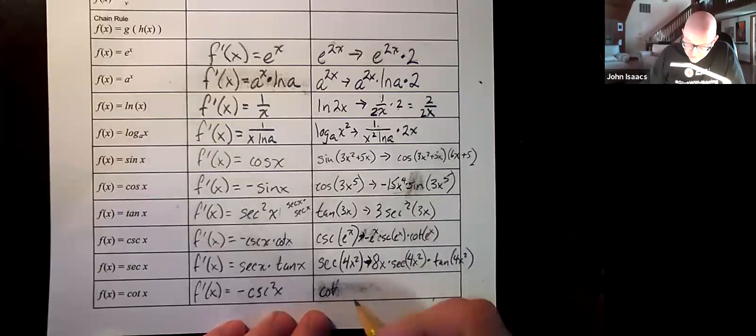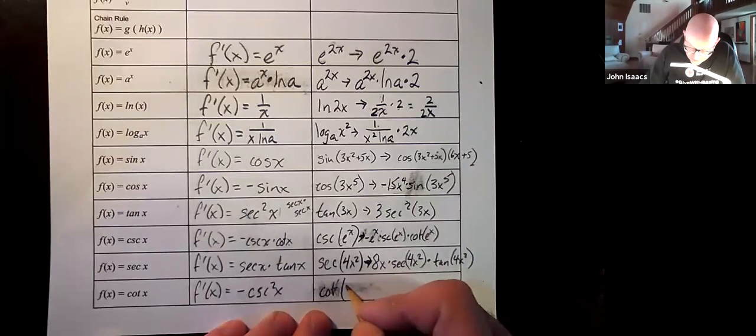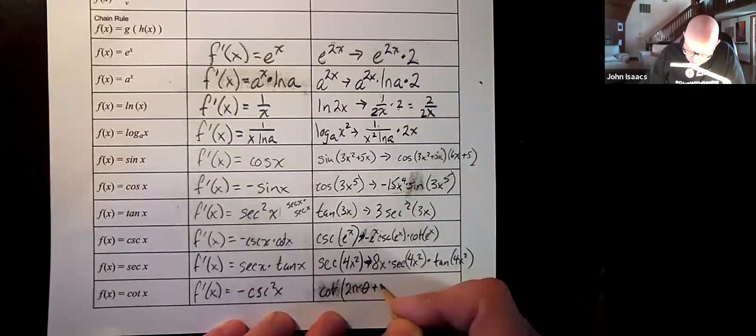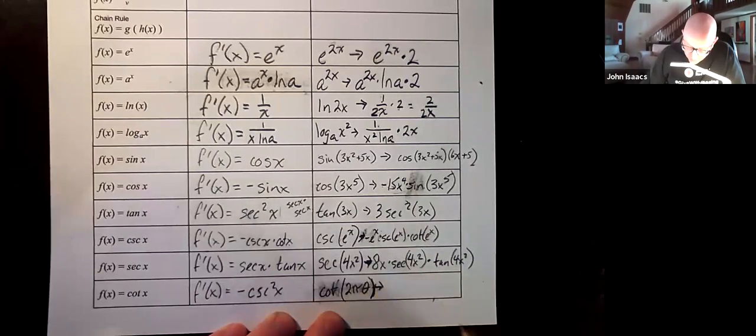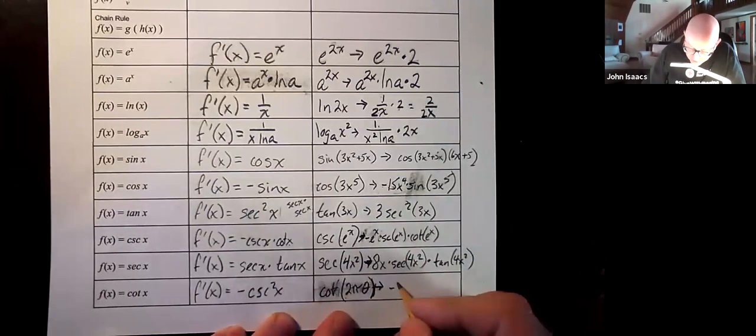Let's say we have cotangent of 2 pi theta. We have a negative from this. We have to take the derivative of 2 pi theta, which, since we're taking the derivative in terms of theta, not x, is 2 pi.